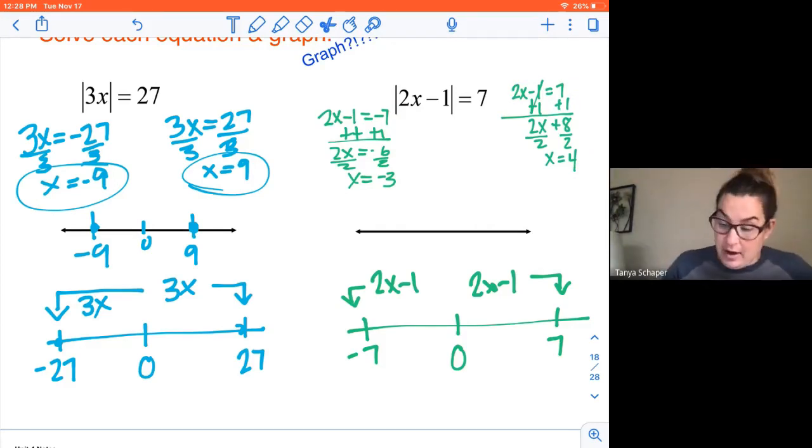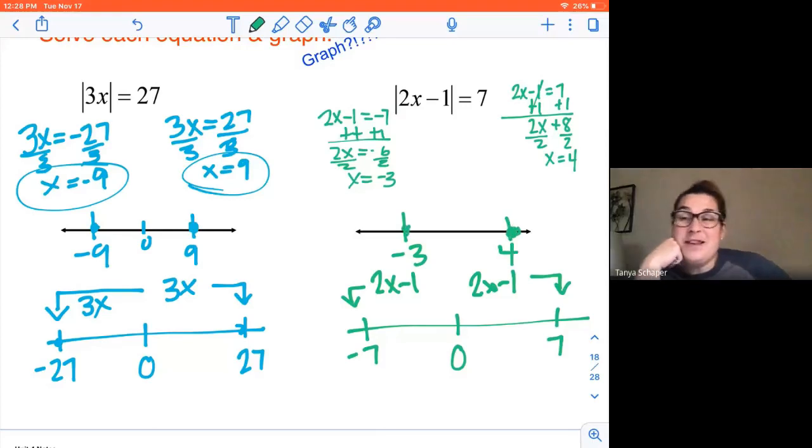This time they're not. And so what I need you to see is you can't always just solve it and then make the other number negative, because that's not always going to be the case. We actually need to solve both equations. We really do. Okay. So let's try another one.